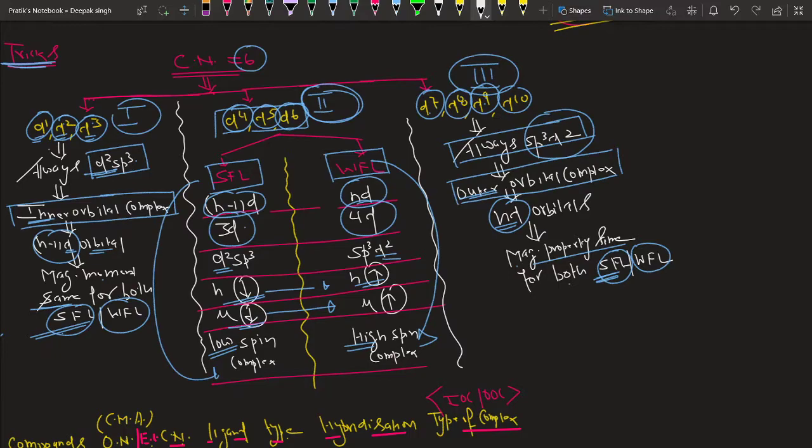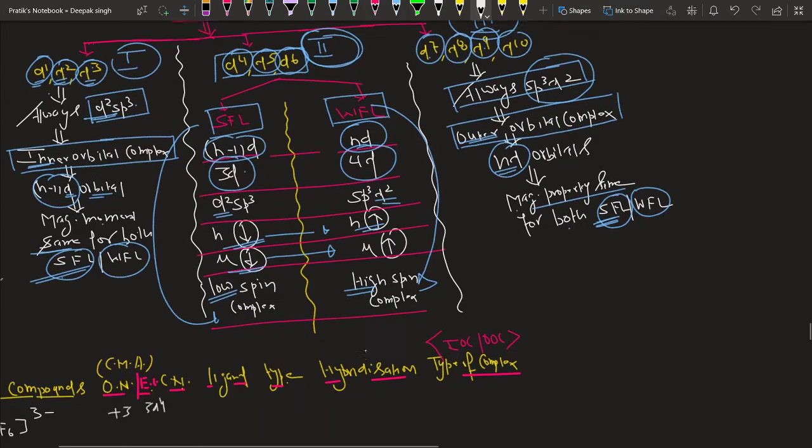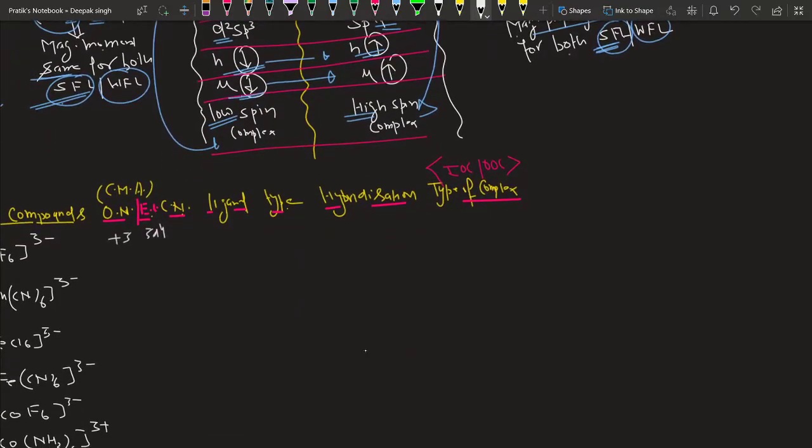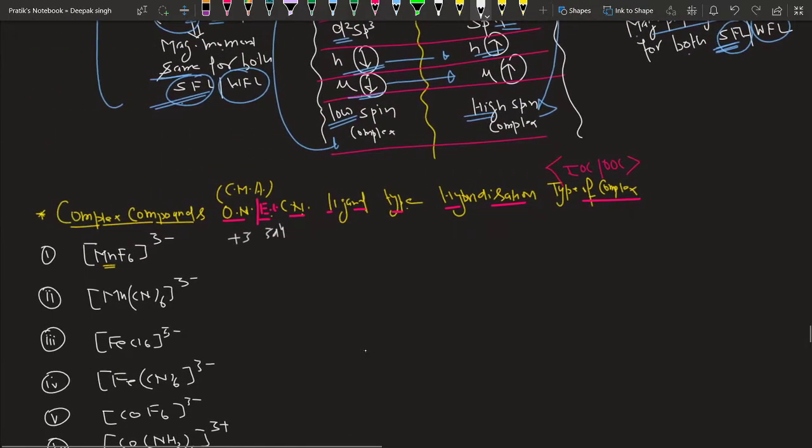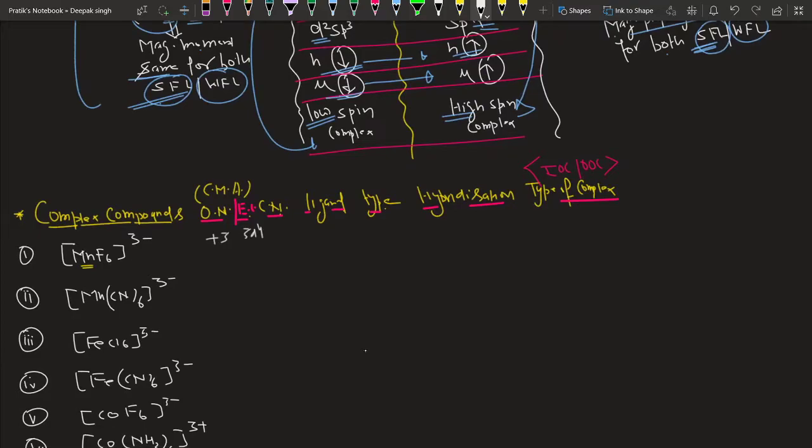Second part for d4: if it is strong field ligand, it will follow this sequence, and if it is weak field ligand, it is going to follow this sequence. If you check this, student, the ligand is what? The coordination number is 6 first. The ligand is F minus.